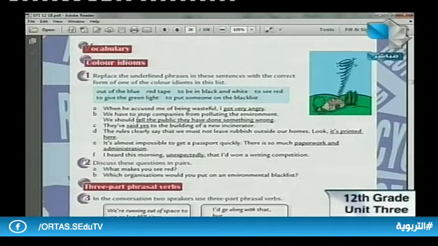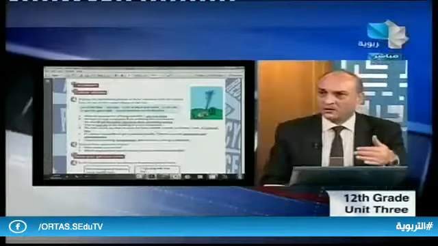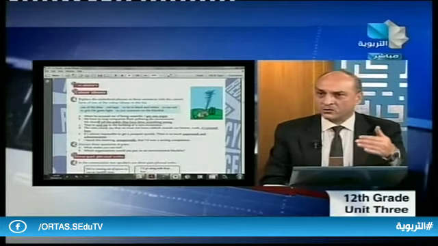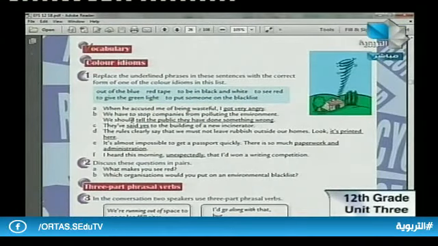In each statement, some words are underlined. Your job, dear student, is to replace the underlined words with one of the color idioms above, but you have to use the correct form of the color idiom, not the same form.